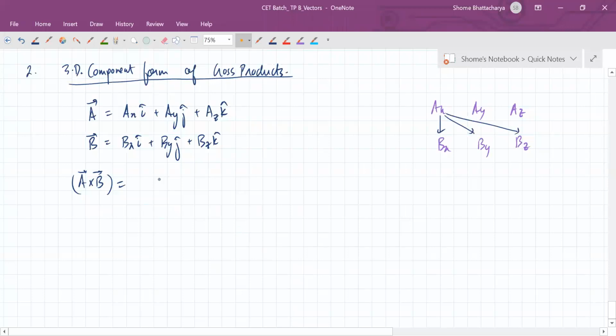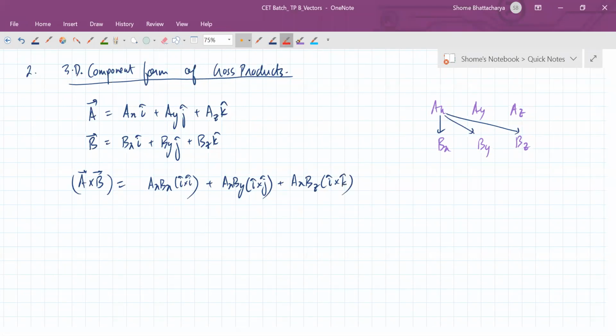That gives us ax bx, but that will go with i cross i, so that will be 0. Plus ax by i cross j, so that will become k. Plus ax bz i cross k.